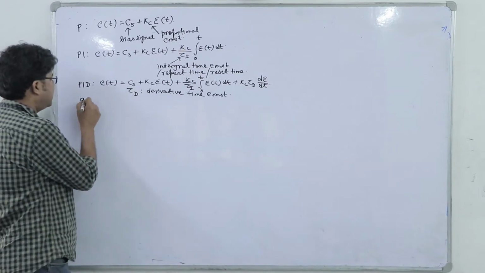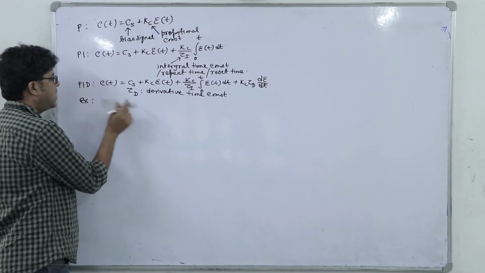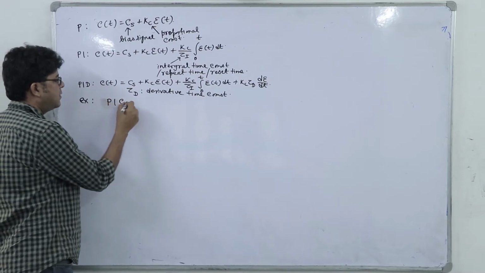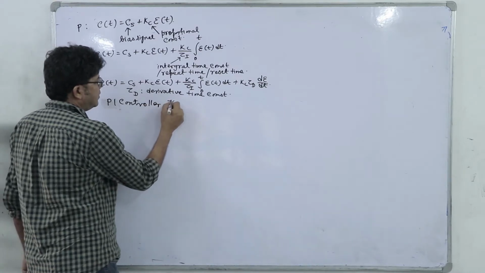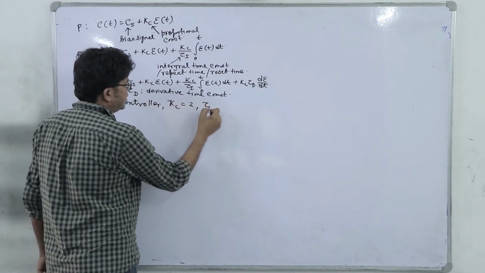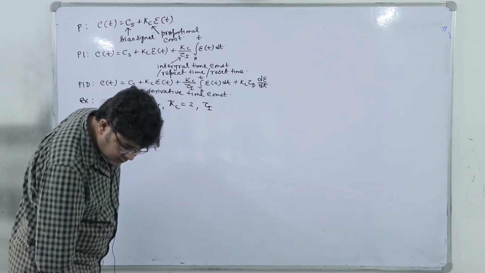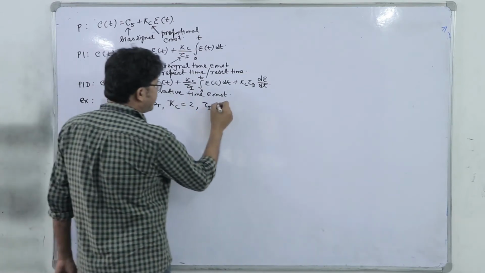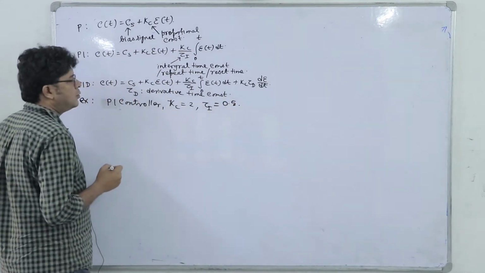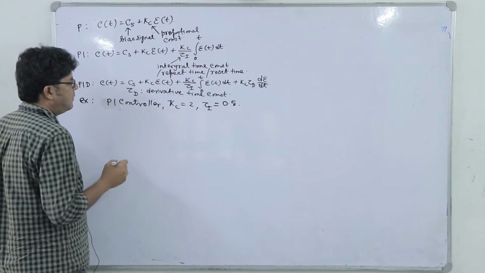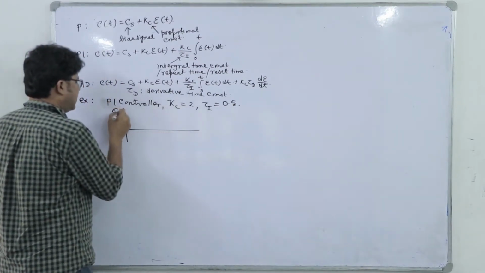So, it is a demonstrative example. Let us consider a PI controller where Kc is equal to 2 and tau I is equal to 0.5, and we have the error signal changing like this.